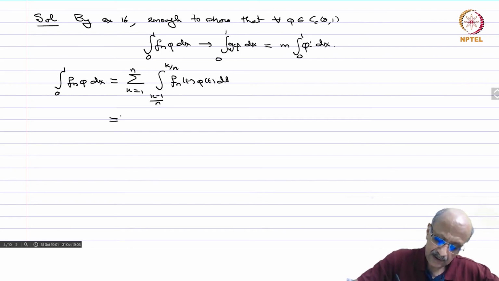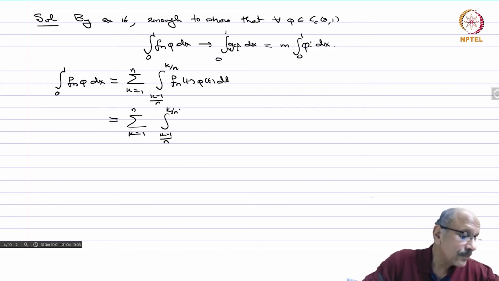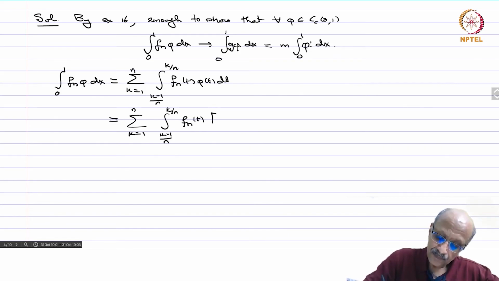And that let me write as sum over k equals 1 to n of integral from (k-1)/n to k/n of Fn(t) times (phi(t) minus phi((k-1)/n)) dt.